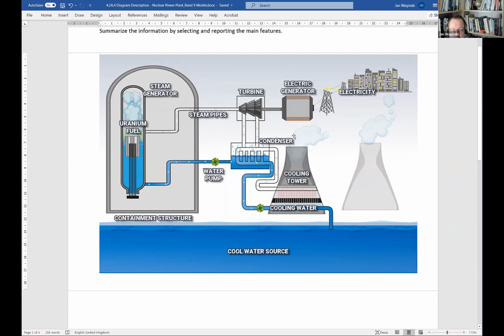And separately, the rest of it goes to the cooling tower. You can just be careful with how you describe it, but you can say the water that's used to cool down the steam in the condenser then warms up and is sent to the cooling tower to cool off.